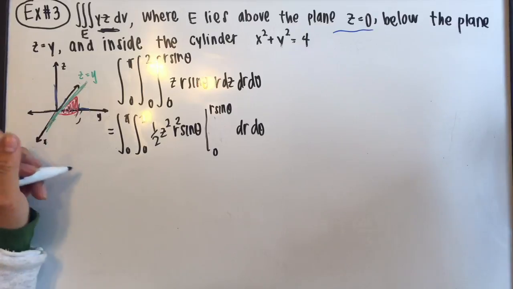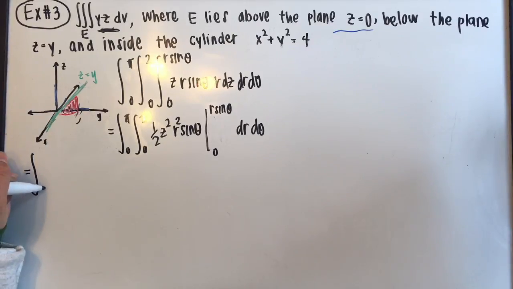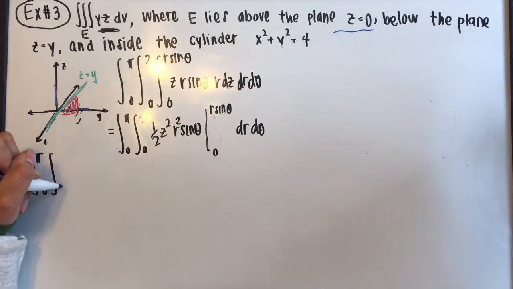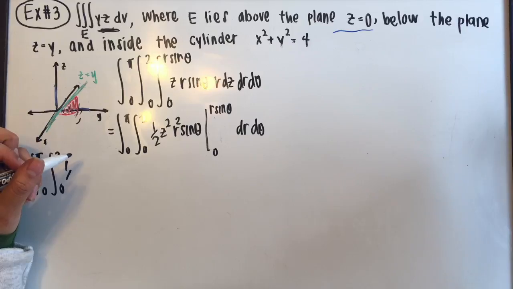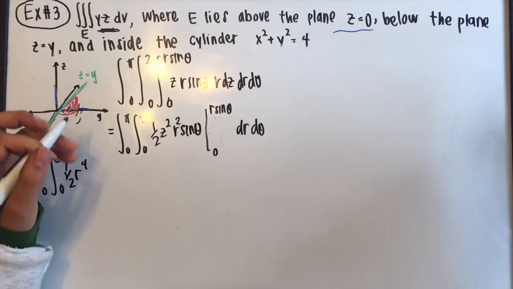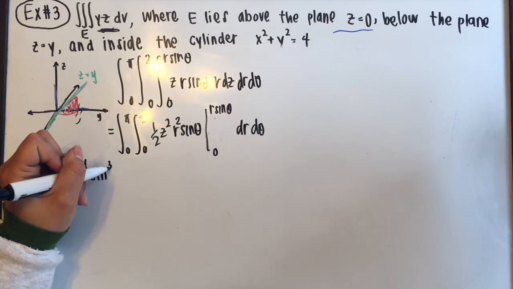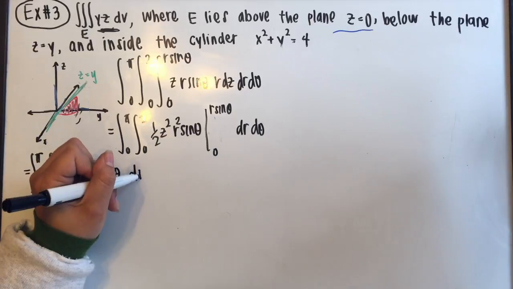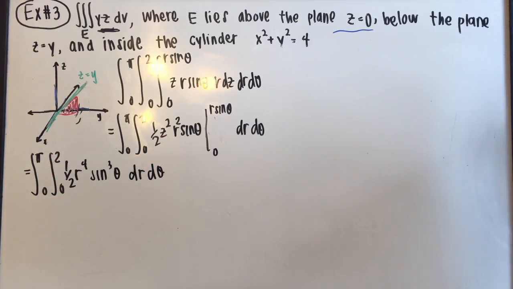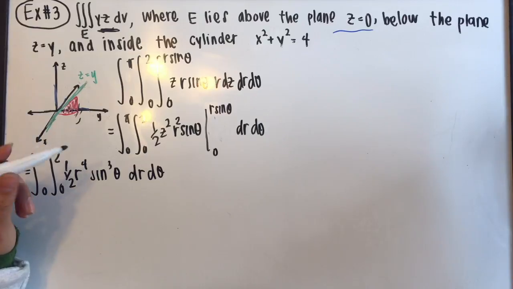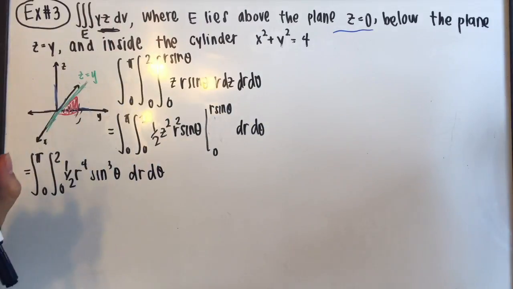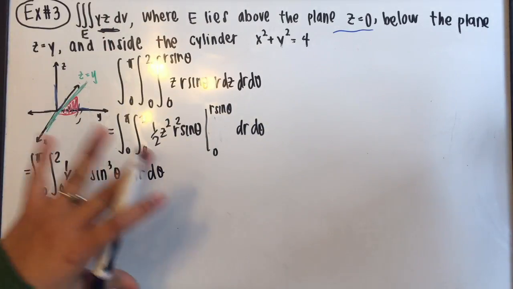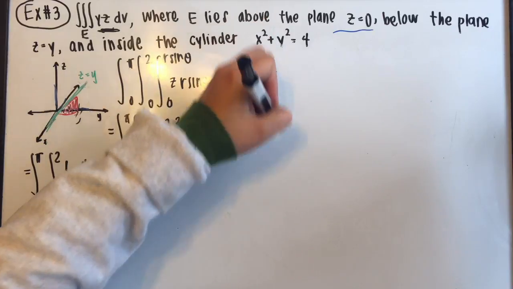Okay, so we plug that in. We get 1/2 r to the 4th power sine cubed theta dr d theta. Alright, so let's separate this so we can more easily solve it.